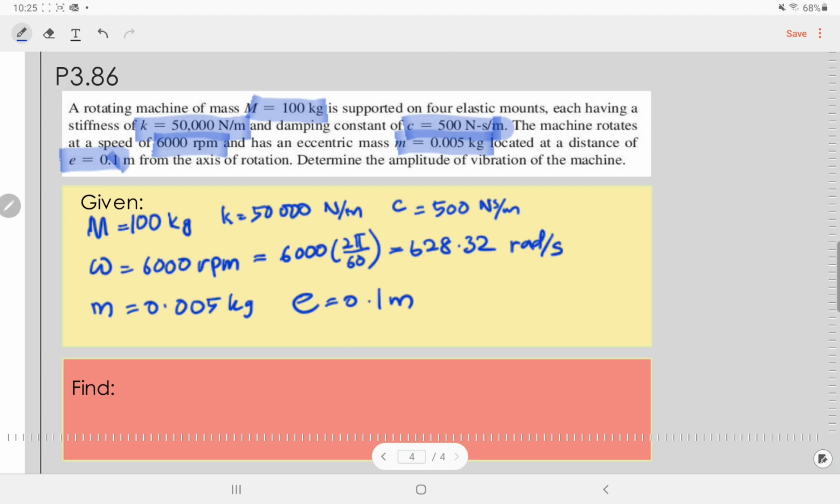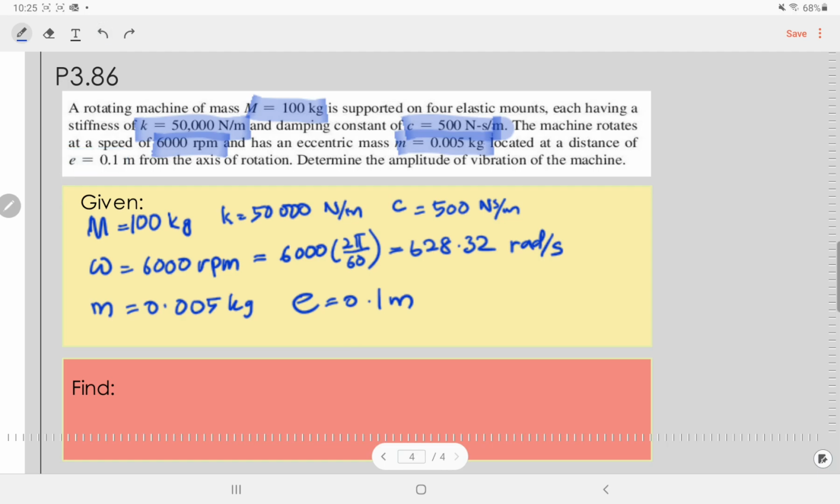Make sure your omega is already defined in terms of radian per second, and you have small m and e. Basically it's all given, so it's easy for you.